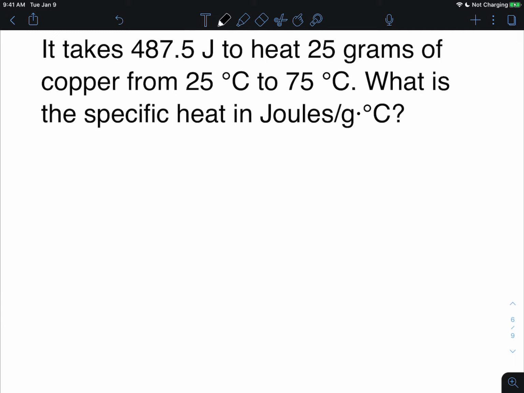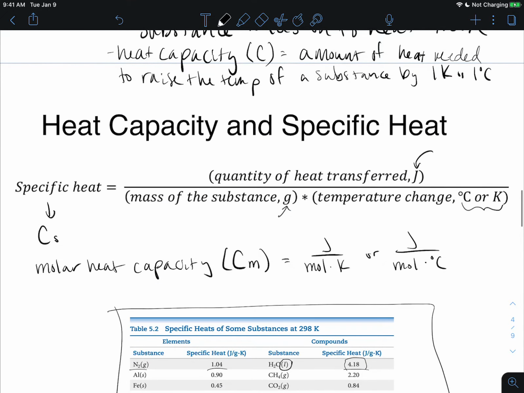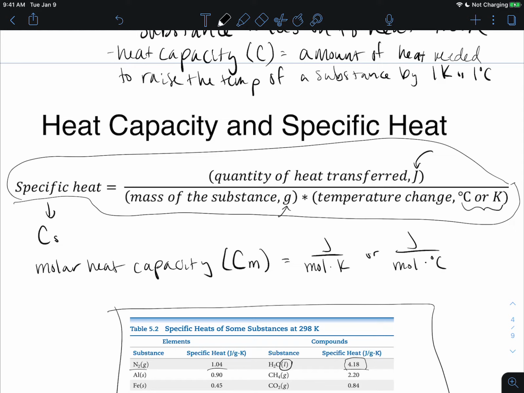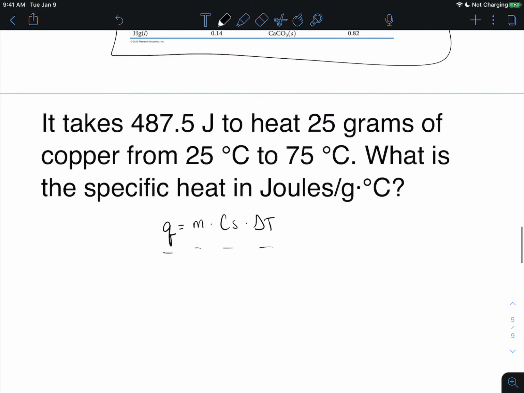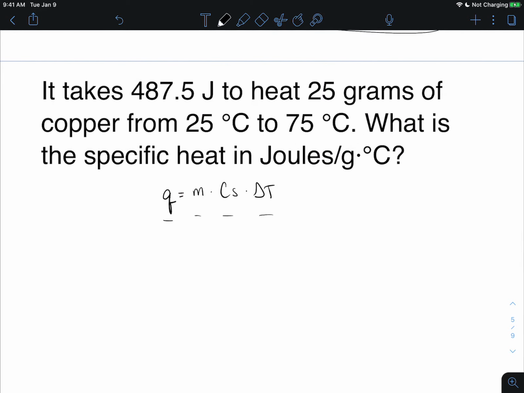The equation we use is Q is equal to mass times specific heat times delta T. So this is our heat, this is our mass, our specific heat, and our delta T. It's just a rearrangement of this equation right here, and you could use either one.